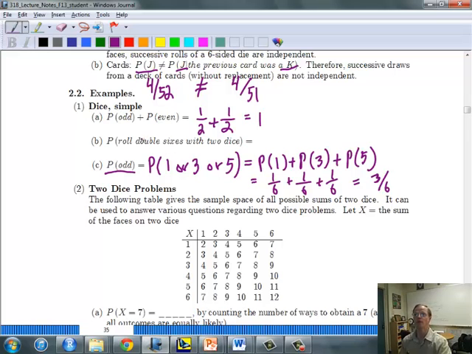Okay, for the AND rule, probability of rolling double sixes with 2 dice. I'm just doing rule 1, rule 2, rule 3. That's going to be probability of 6 on the first and 6 on the second. In the AND rule, do I have dependents?